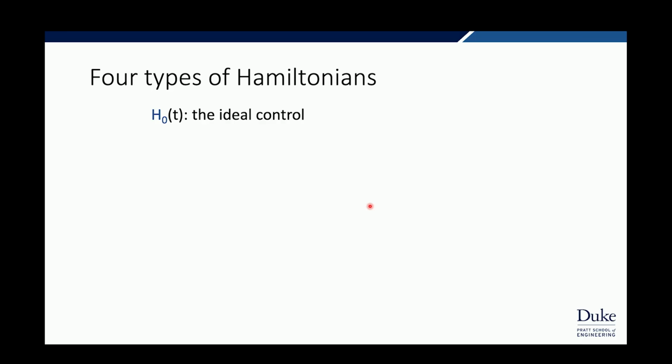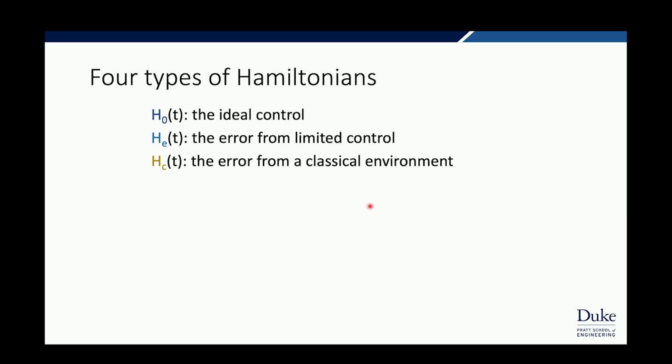So I like to think there are basically 4 types of Hamiltonians. There's the Hamiltonian we want, the Hamiltonian which is from the fact we have limited control, the Hamiltonian which is due to a classical environment. The important thing about the Hamiltonian with a classical environment is it can't create entanglement between your system and an external system. That's the distinction that I make.